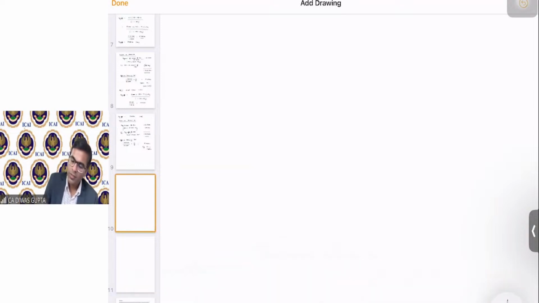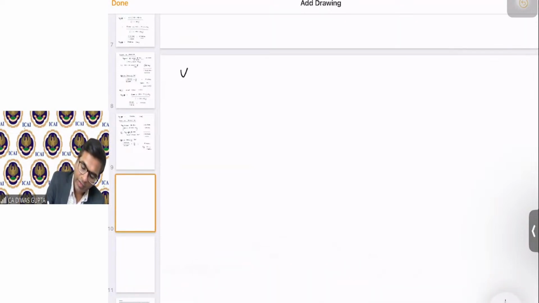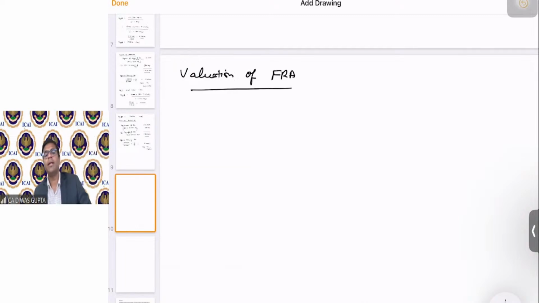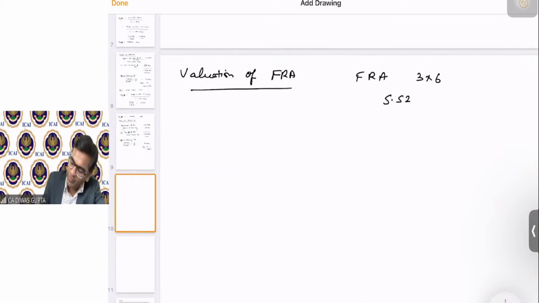So now students, let's come to the valuation of FRA. Another important concept. I'm taking here an example of FRA 3 by 6, and let's say 5.25 percentage is the rate agreed for this FRA.